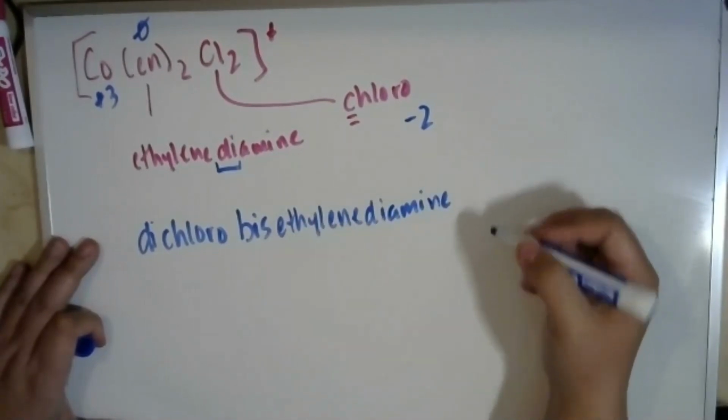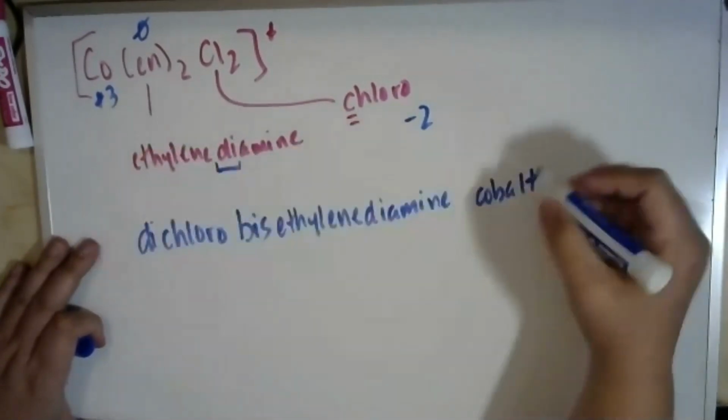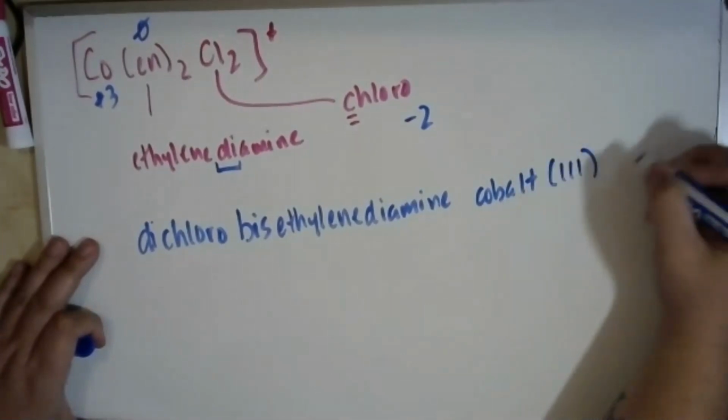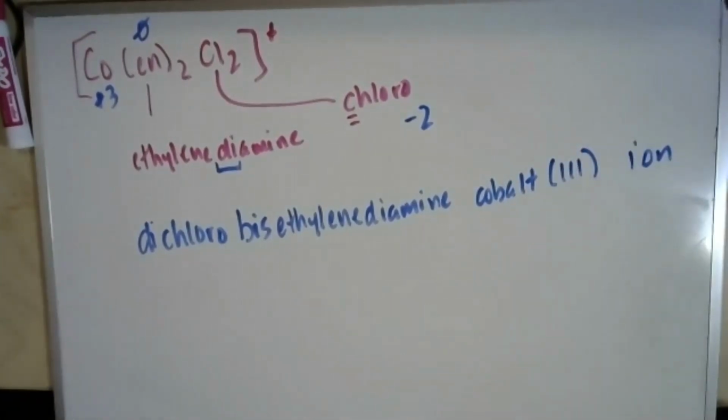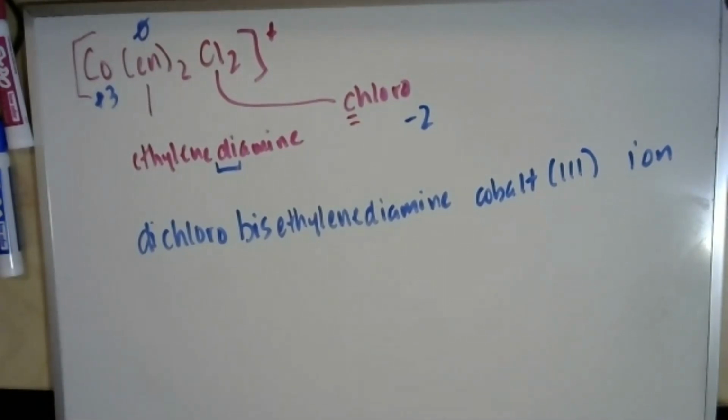And then we'll name our metal. Because it's a complex cation, we don't have to change the name of this metal. I just wanted to throw that in there because we didn't have any of these specialized namings in the examples that we went through.